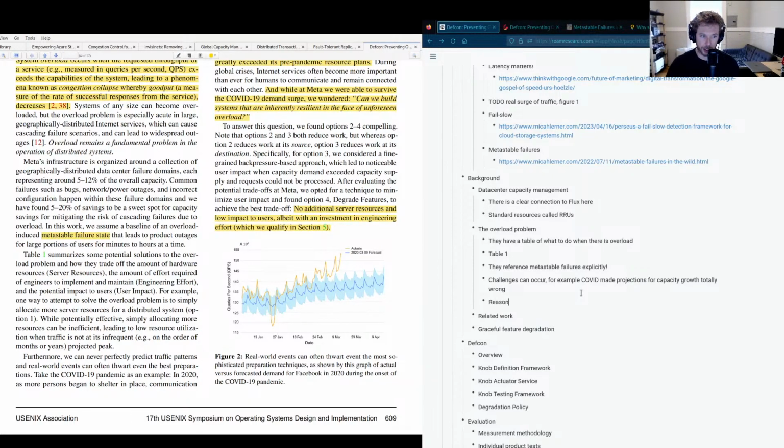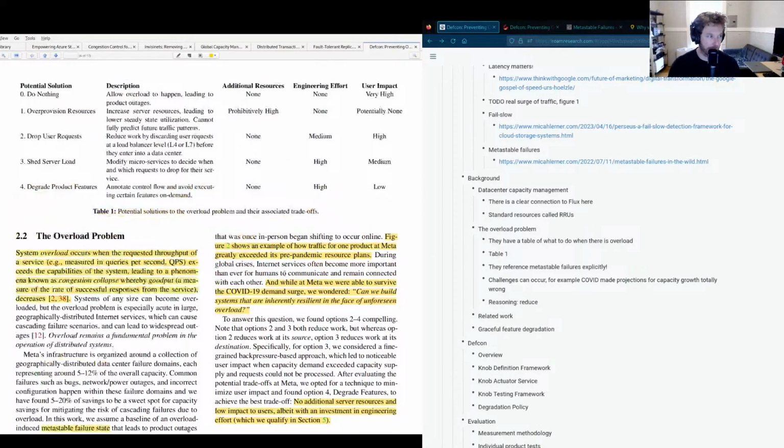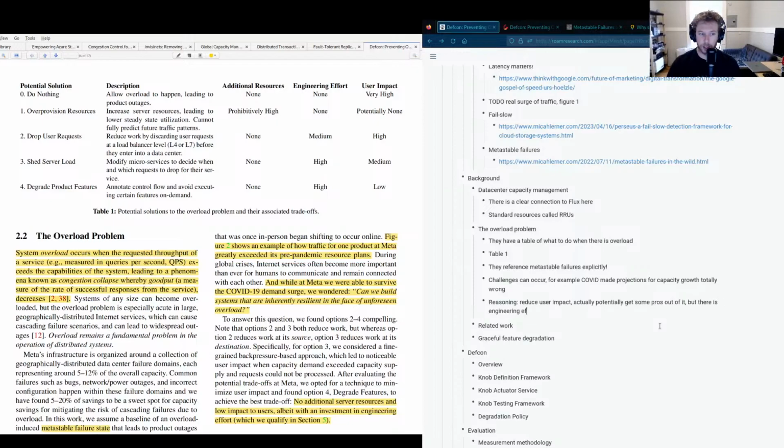So the reasoning is that you can get some pros out of it in terms of user impact, but there's engineering effort. It also seems like there would be organizational effort.